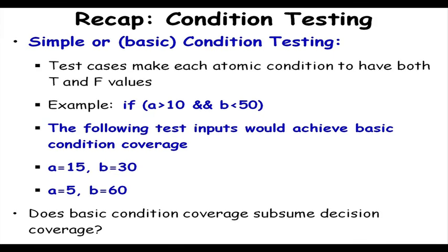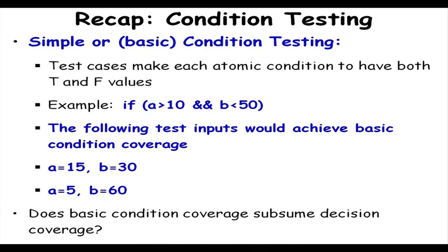Let me repeat, I can set the first condition true, second one false. In the second test case, I can have this as false and this as true, and therefore, both these component conditions have taken true and false values, but then each time the decision evaluates to false.